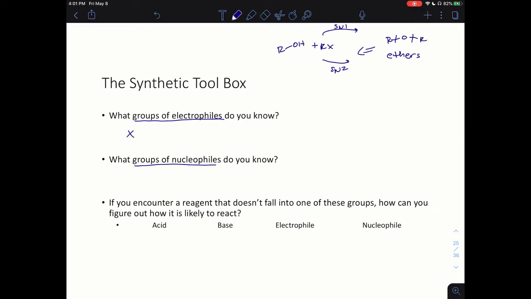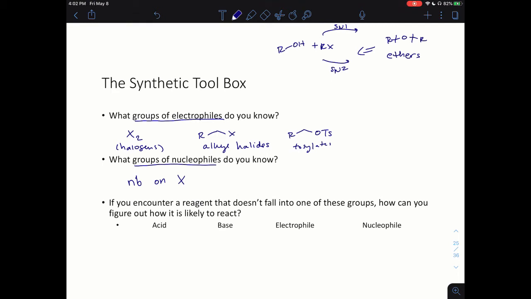Now, groups of electrophiles, well, you've just learned a new one. You've learned halogens. And then you should know that alkyl halides are electrophiles. Any other electrophiles that you thought of? You could use alkyl tosylates, you know them as well. They're equivalent to alkyl halides. What groups of nucleophiles? You know so many nucleophiles. But let's group them into non-bonding electrons on a heteroatom.